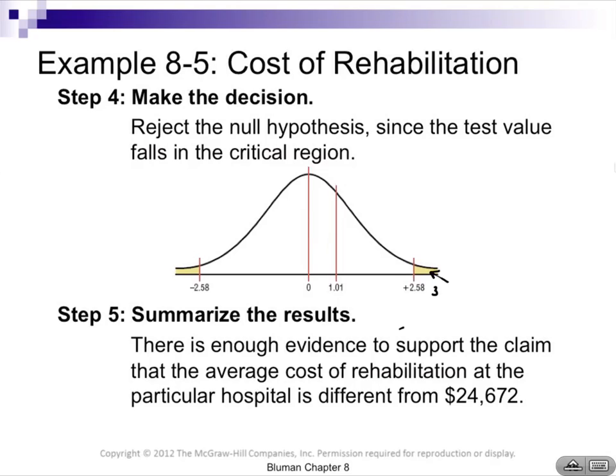So our 3.04 is really significant. It's up there in that upper critical region. So there is enough evidence to support the claim that the average cost of rehabilitation at the particular hospital is different from $24,672. So when we did our calculation, we find that it does fall in that upper critical region.